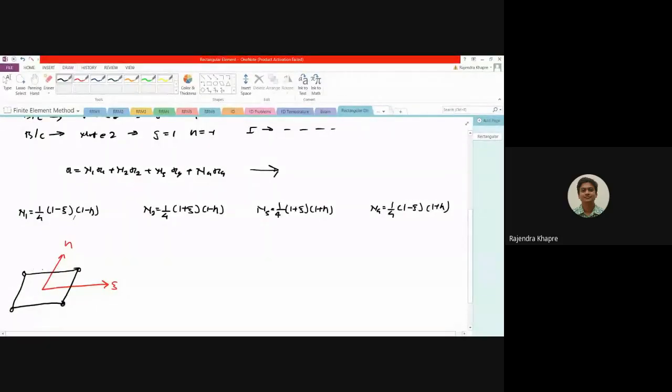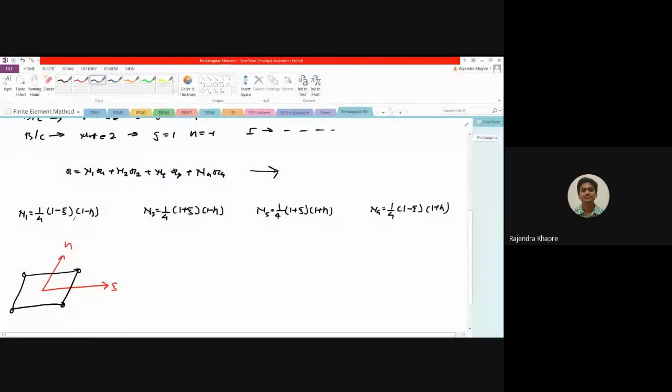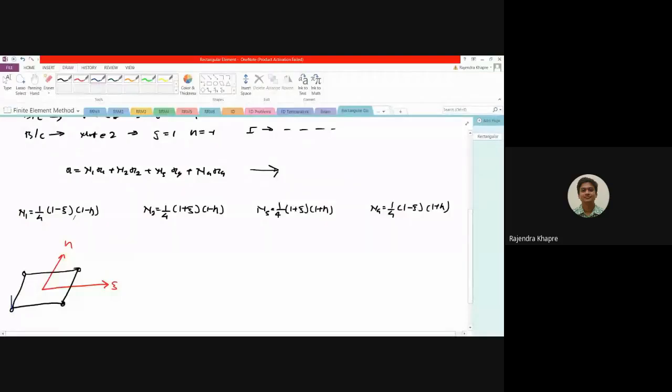Now if you substitute the value of xi and eta at node 1, I'm talking about this point, the value of xi and the value of eta both are -1. So here this will be 2, this will also be 2, and ultimately you are going to get the n1 value as 1 over here.